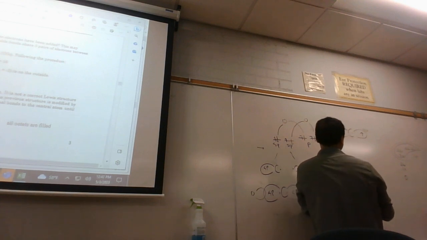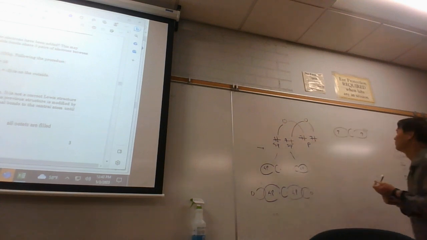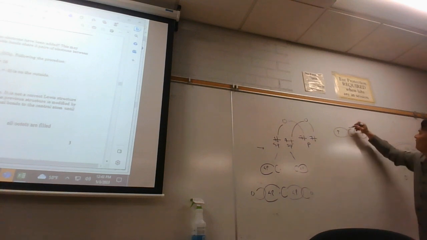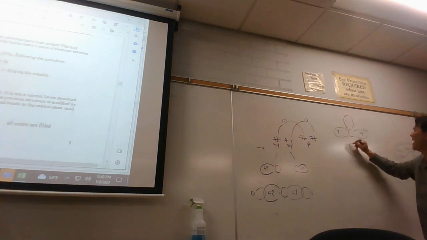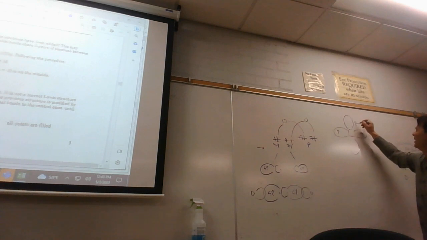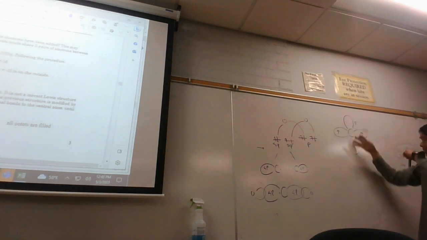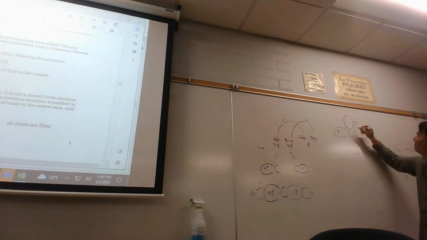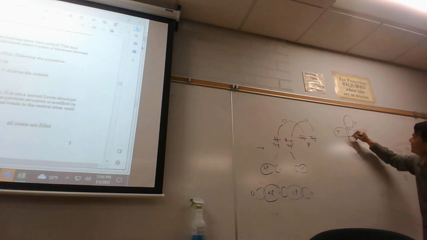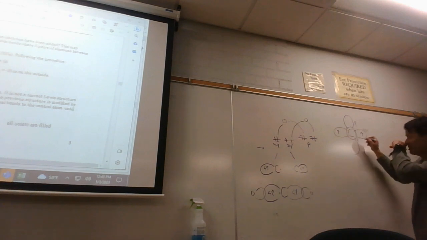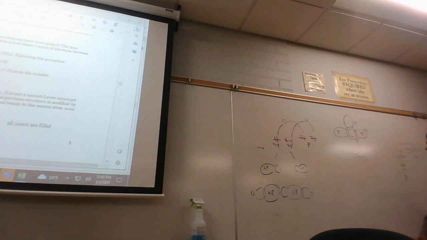But I'm going to have two p orbitals. One p orbital is just flat in the page. And so this will be my py, let's say. And then one p orbital is going to kind of stick out and stick in. This will be the pz.